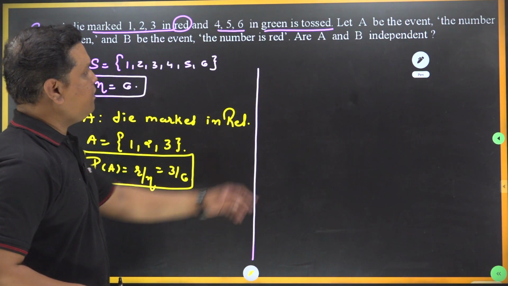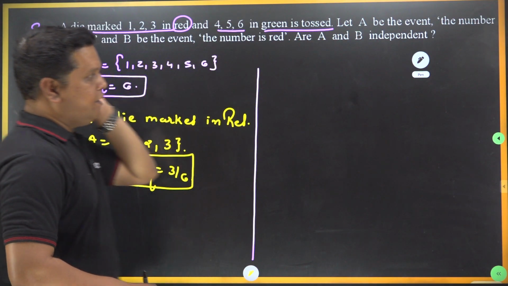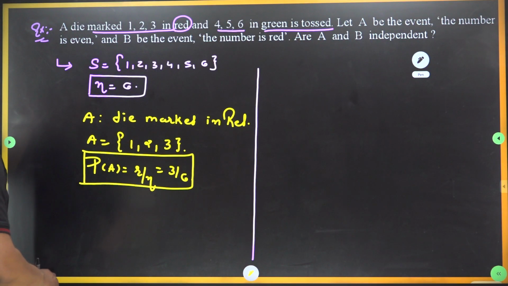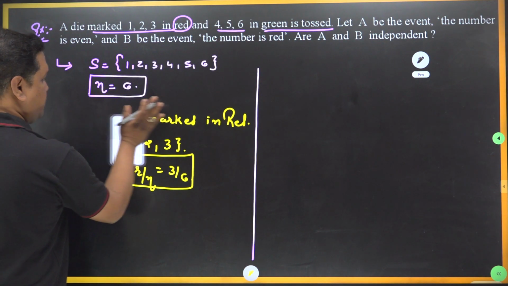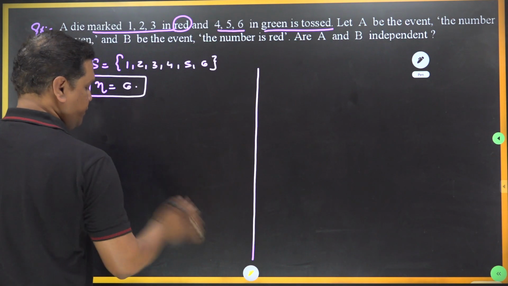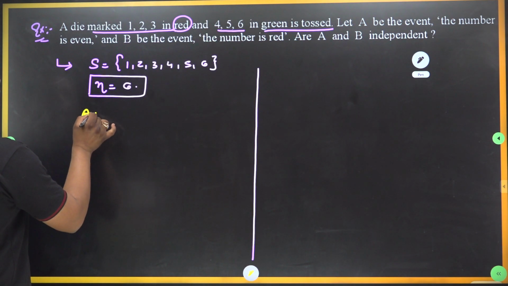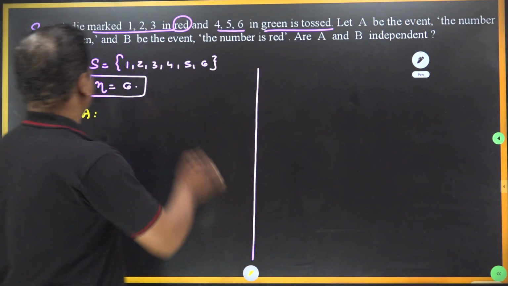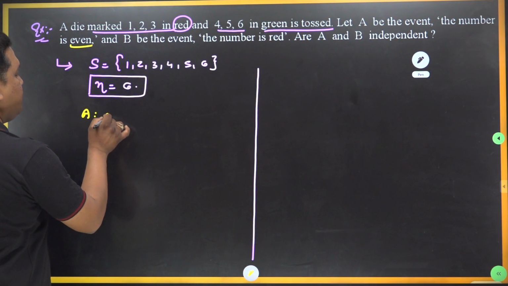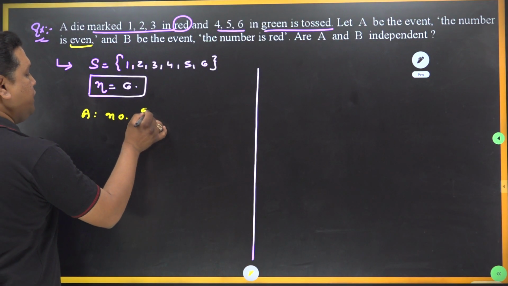Now second, A be the event, number is even. So die is mark, that is the in general form. First one, event A, the number is even.